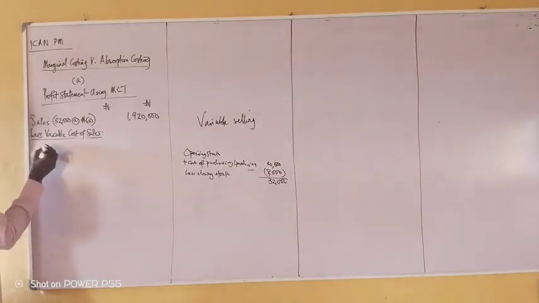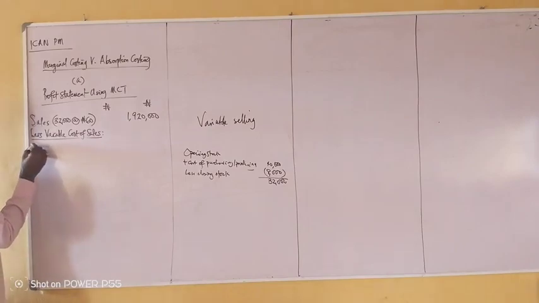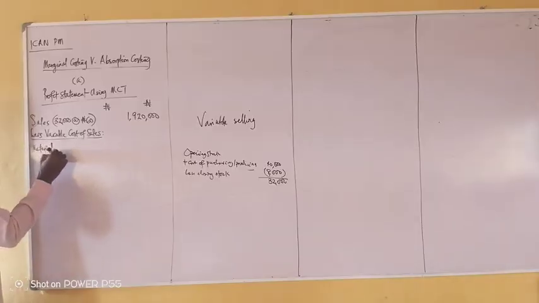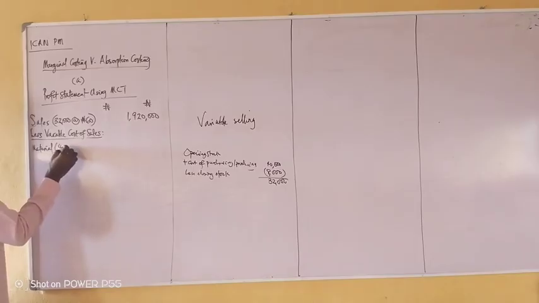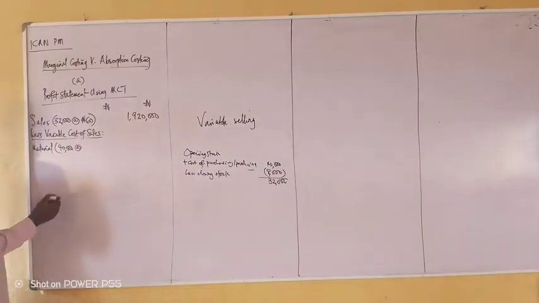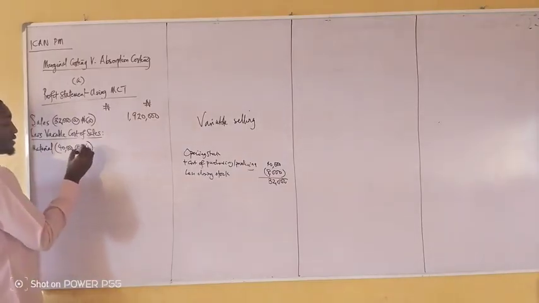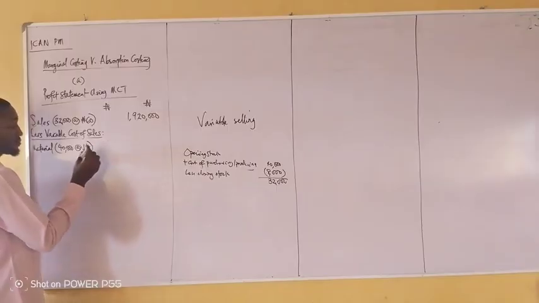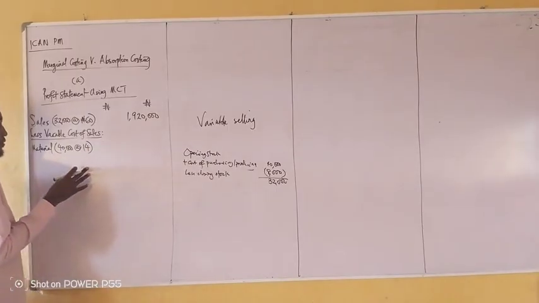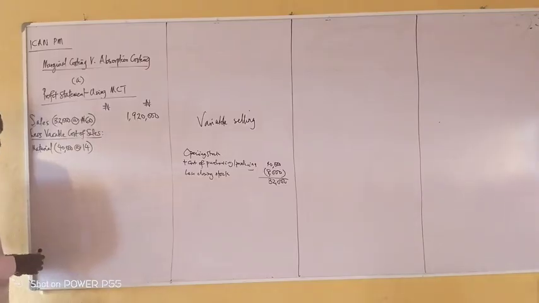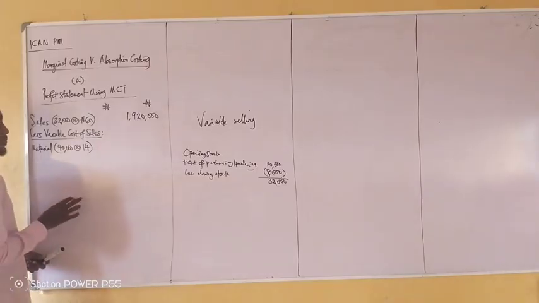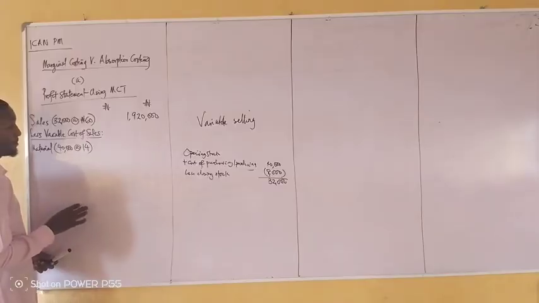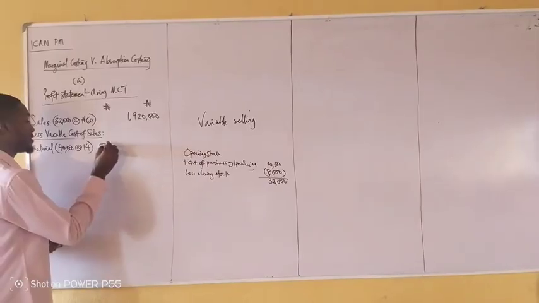So we're going to have variable cost of sales. We're going to have material first. Material 40,000 at how much per unit? 14 naira, giving us 560,000.